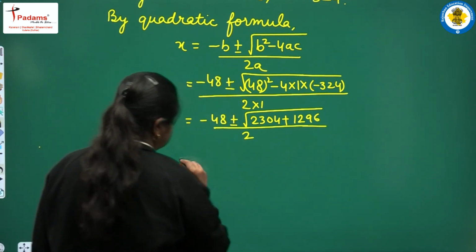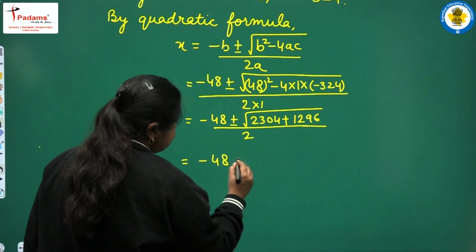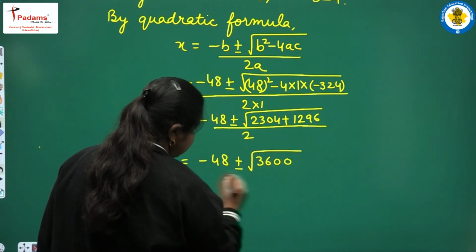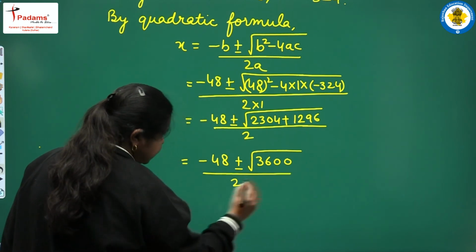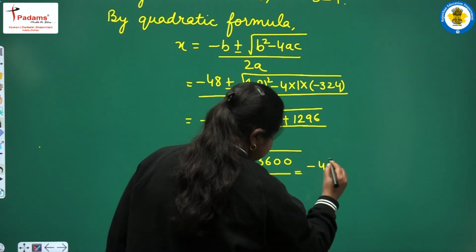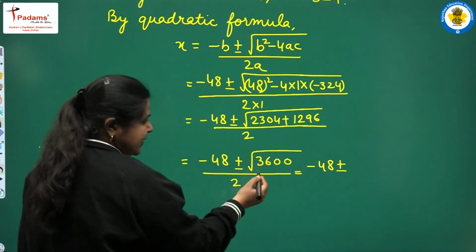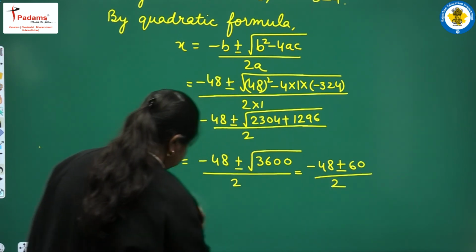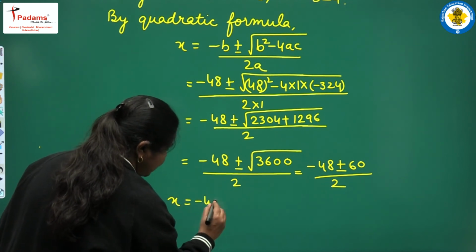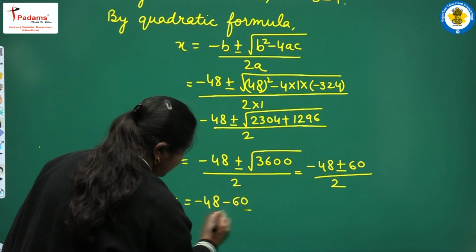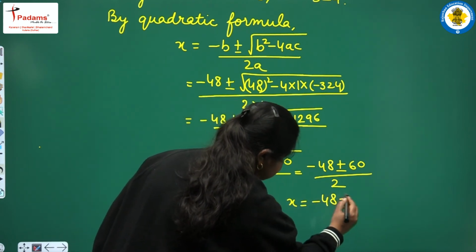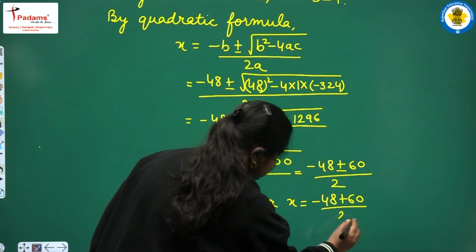Here we have minus 48 plus minus under root 3600, which we just calculated, upon 2. This is again equal to minus 48 plus minus, its square root will be 60. It is easy to see, upon 2. Now x is equal to minus 48 minus 60 upon 2 and x is equal to minus 48 plus 60 upon 2.